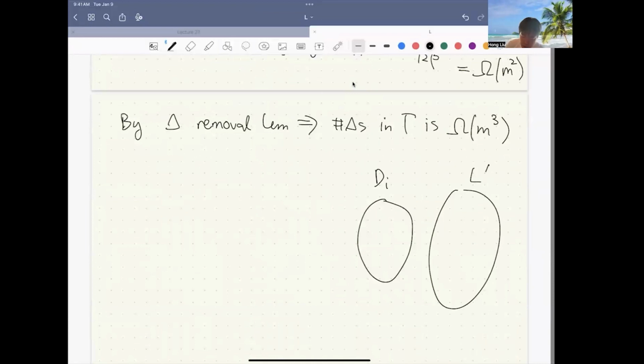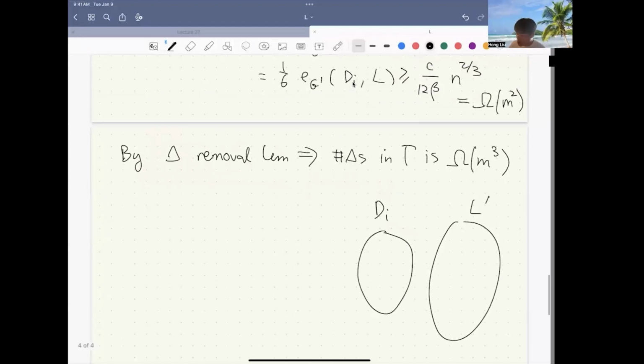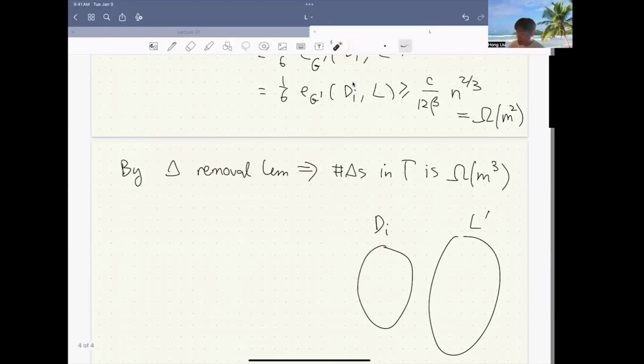Actually, using a result, we can give an upper bound on the size of L prime, and then give an upper bound on the edges between DI and L prime, which can give an upper bound on the number of L triangles.